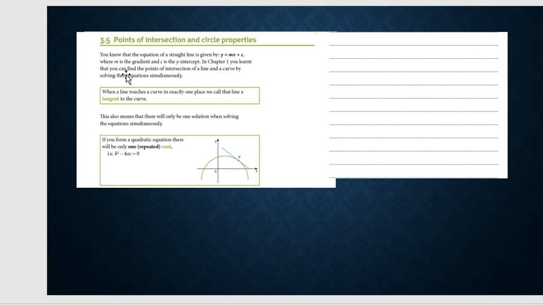You know that the equation of a straight line is given by y equals mx plus c. This is basic knowledge. m is the gradient of the line, and c is the y-intercept.